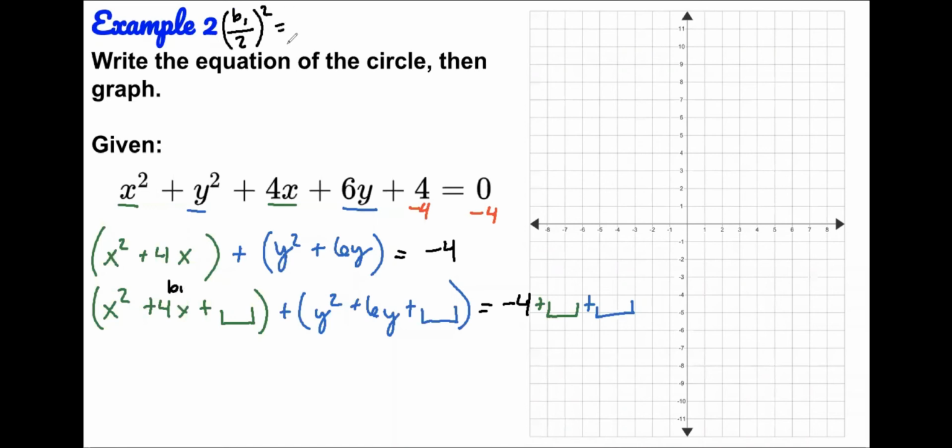What would it give me? What's b in this case? B would be 4. So 4 divided by 2 squared would be 2 squared. In this case, it would be +4.